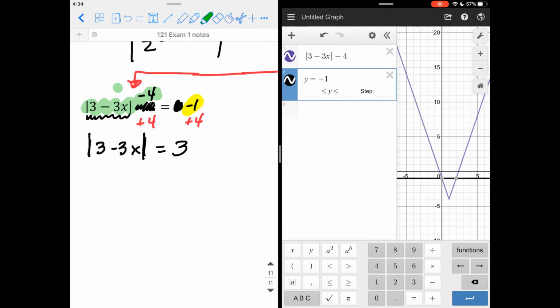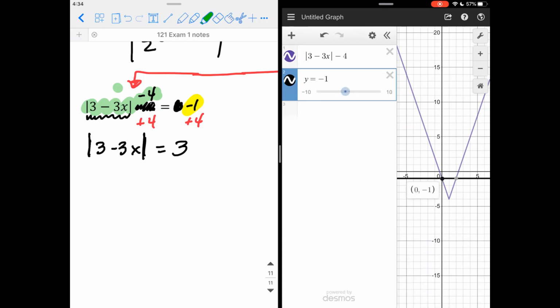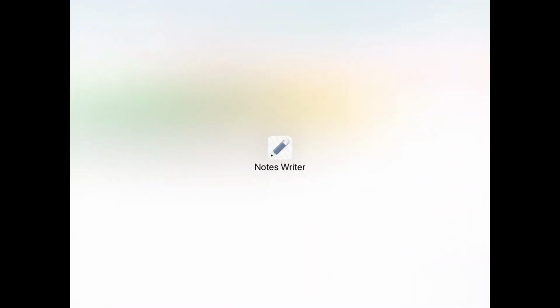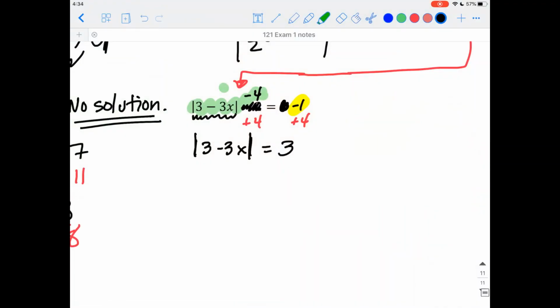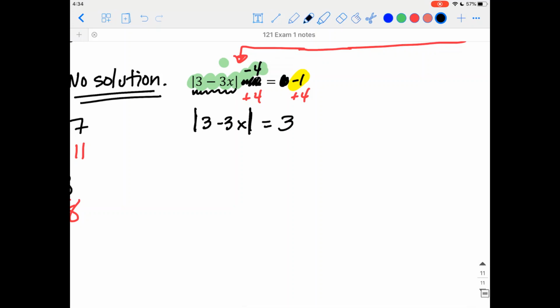So if you notice, they do intersect. And so our answers should be 0 and 2, because we're looking for the x values. So they should be 0 and 2. So let's see. Here we go. So here on this one, we have two answers. We have two solutions.